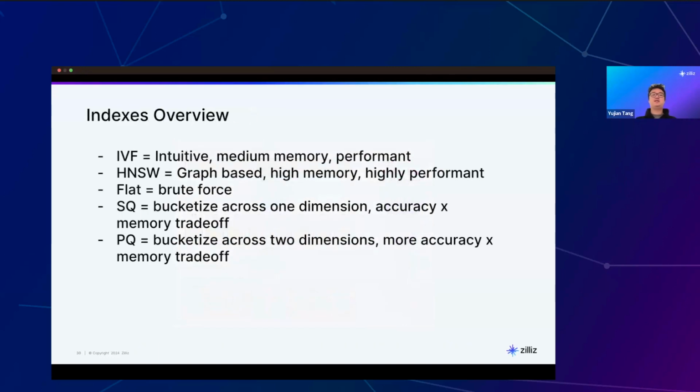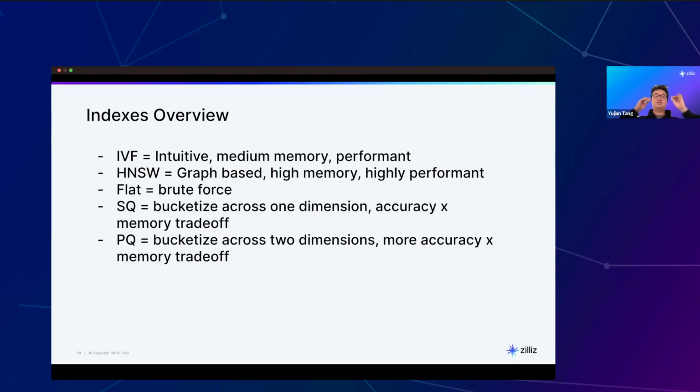Okay, let's overview the indexes real quick. We have IVF, which is an intuitive index. K-means takes a medium amount of memory. You're just holding the centroids, and it's pretty performant. Then you have HNSW, which is graph-based. It takes a lot more memory, but it's very performant.